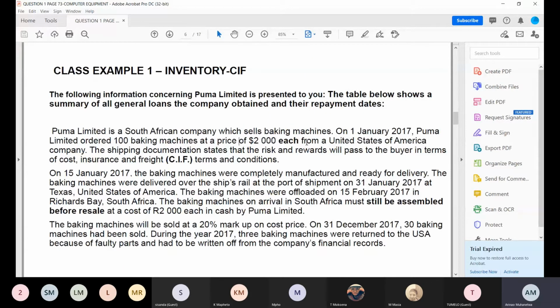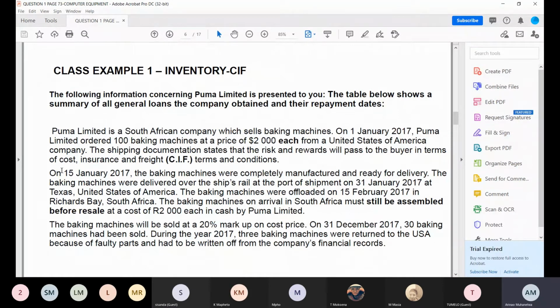That is the starting point. Once you know the transaction date, everything will fall into place. Think about it: the order was made on the 1st of January 2017. So what transaction are we going to record there? They're just ordering. Until we know when the CIF terms and conditions are met, we don't know the transaction date.